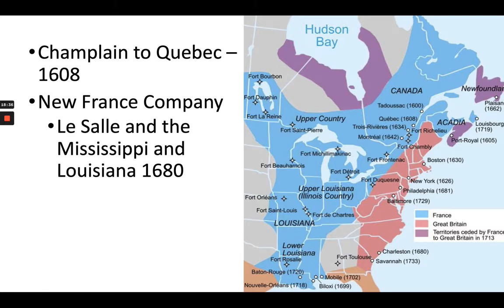So you see that Marquette and Joliet really explore the upper and lower Louisiana area, and La Salle will sail down the Mississippi to the Gulf of Mexico. And so in about 1684, they create a colony in Louisiana.